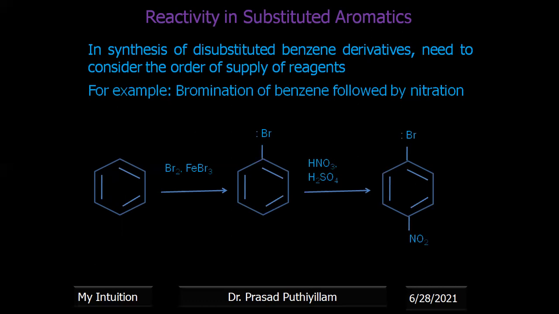If you follow these reaction steps, first adding bromine, then nitrating the product obtained, you get para-nitrobromobenzene.